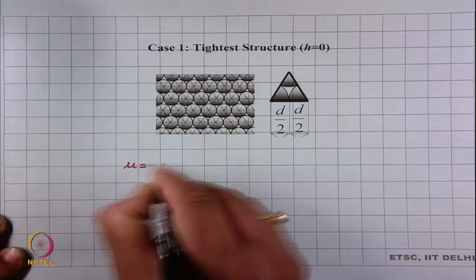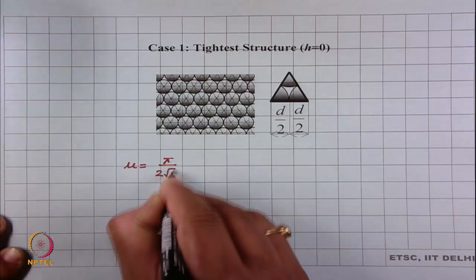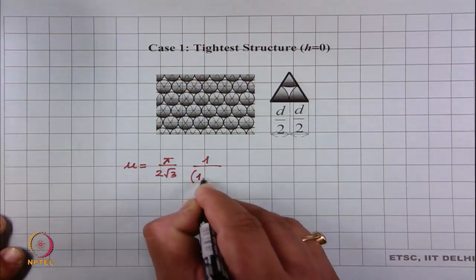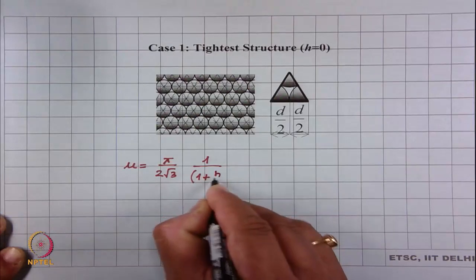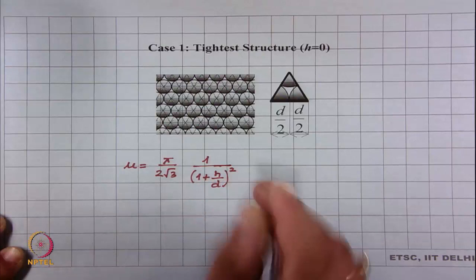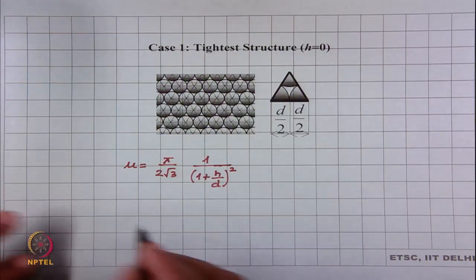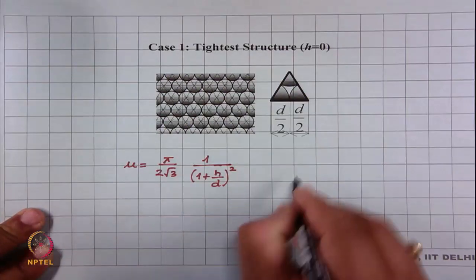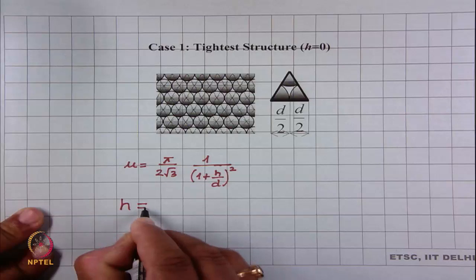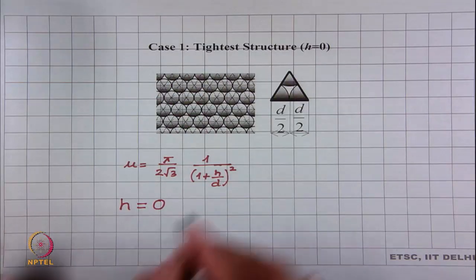In general, for hexagonal packing arrangement, this relationship is valid. Let us put h is equal to 0 here. So, what will we obtain?